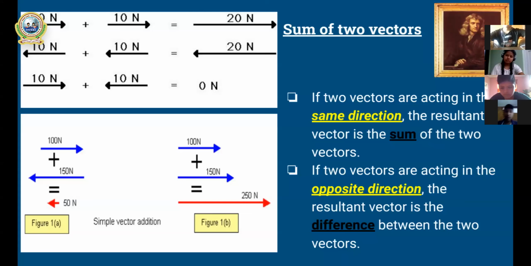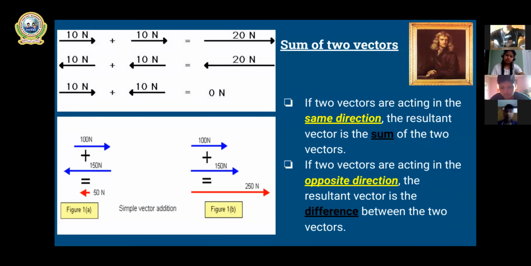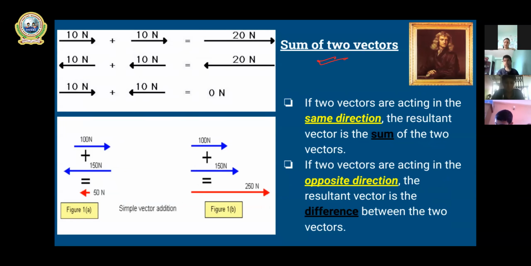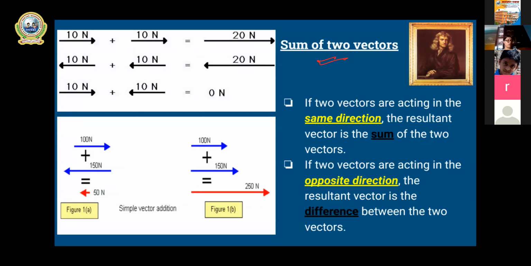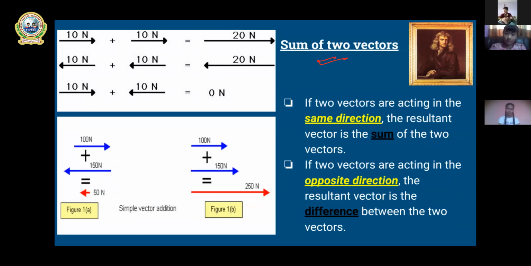See here, please look carefully and try to understand. The topic is the sum of vectors, which can be found on the basis of directions. If we apply vectors in the same direction, we get a positive value, or let's say a sum which is more.